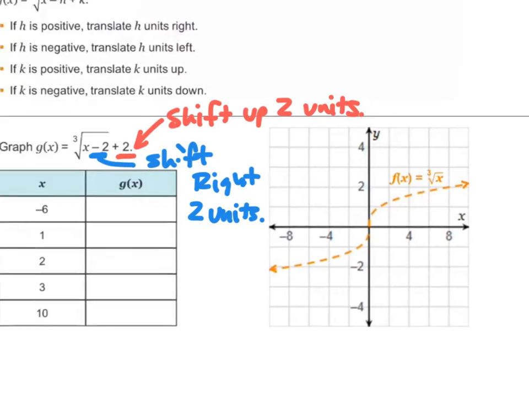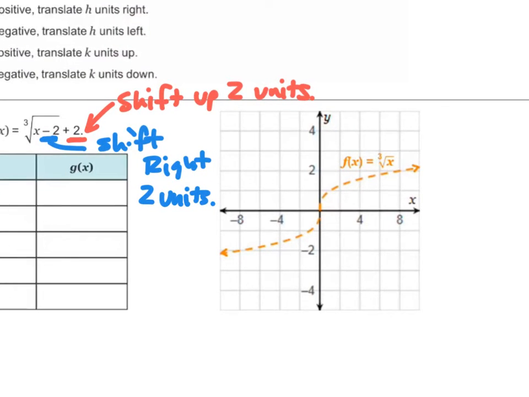So what I want to do is take each of the points that we have on this parent function, the ones that we know, and those are the points -8, -2, -1, 1, 0, 0, 1, 1, and then 8, 2. And what I'm going to do with those is move each of these points 2 units up.